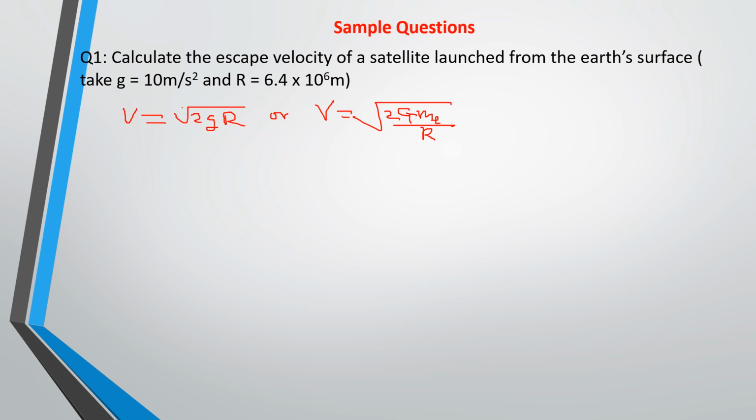Looking at the variables given, this equation suffices, because here you are given g and also R.